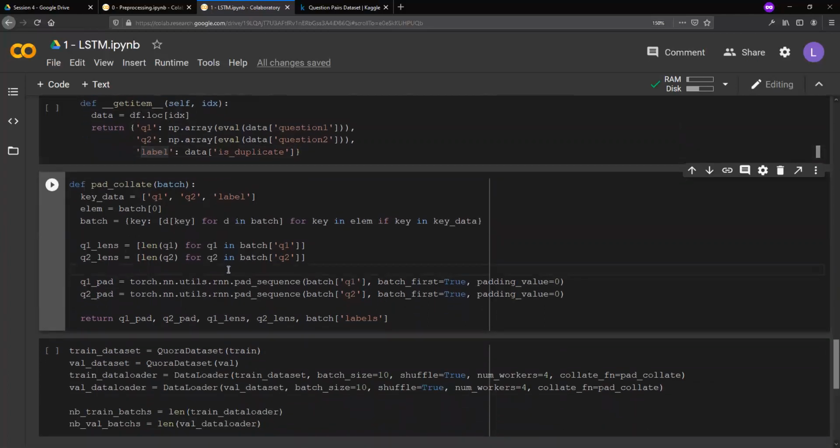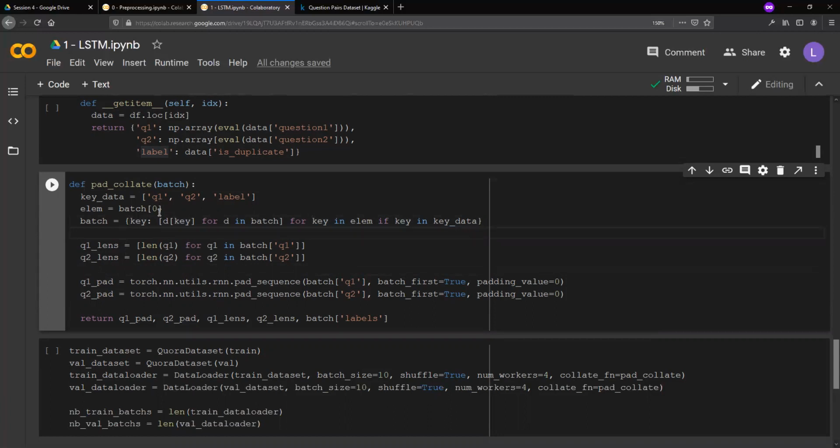Now, this is an important function. This is defining for our data loader how to formulate our batch. What we're doing here is taking all the information from our data points and consolidating it together based off the key.